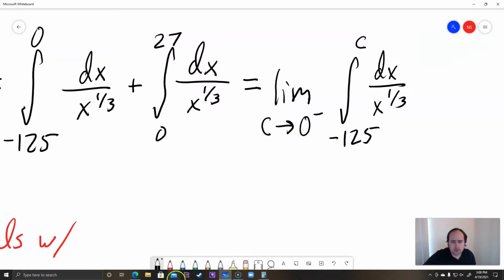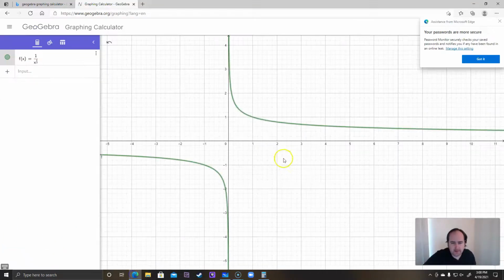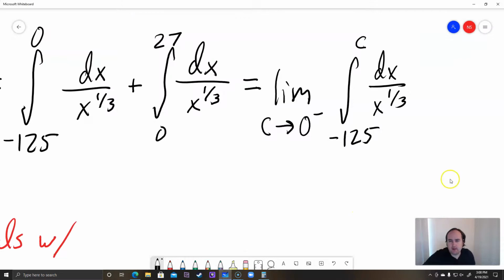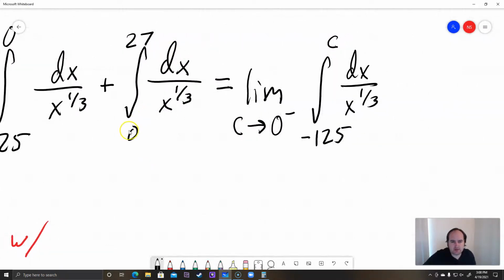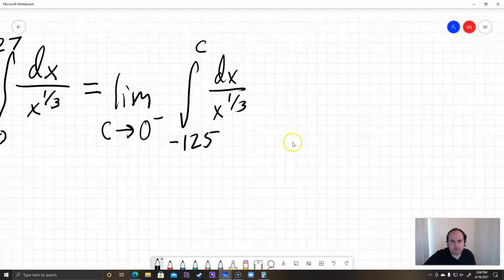Okay, so the first one is the limit as c approaches 0 from the left. That's going to give us this one. And then the other one is going to be the limit as, I'm going to call it d, approaches 0 from the right. That's going to be with this other integral, going from d to 27.